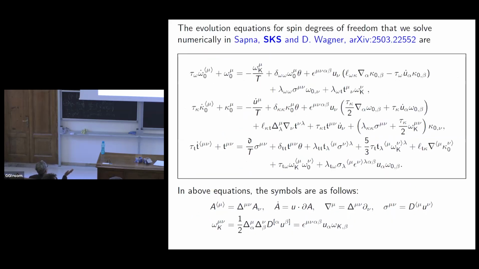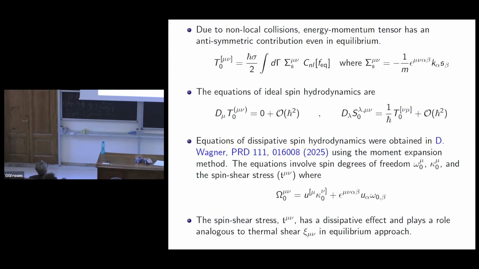Prescription 3 has a little constraint that you don't have a dissipative effect due to normal. If I go to this equation, T nu mu is essentially omega minus omega bar. So this is the difference between the thermal vorticity and the spin potential.